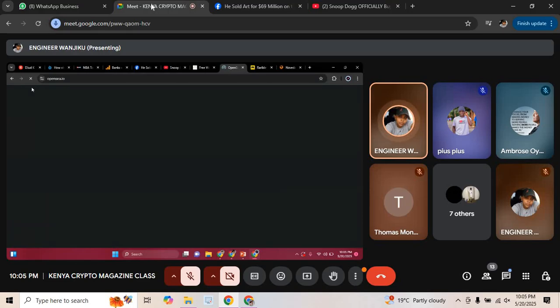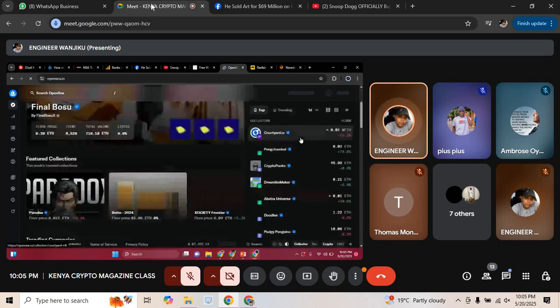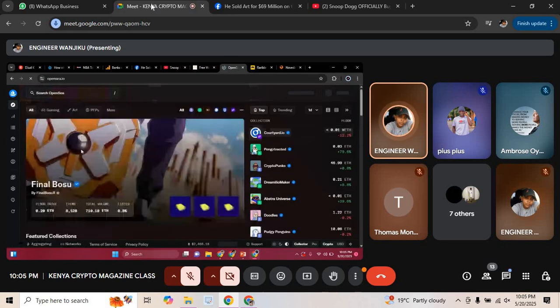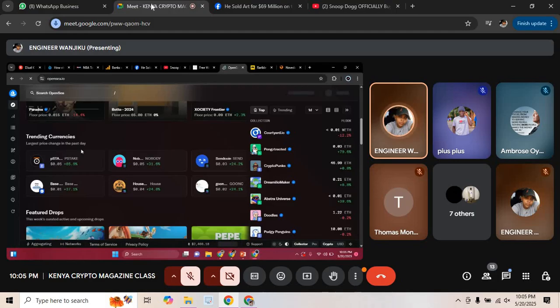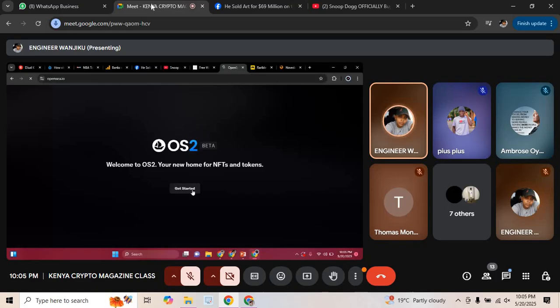You need to connect your wallet to these NFT marketplaces. Then after that, you can scroll down to choose your favorite NFTs that you need to own or to buy. I don't know why it's misbehaving.